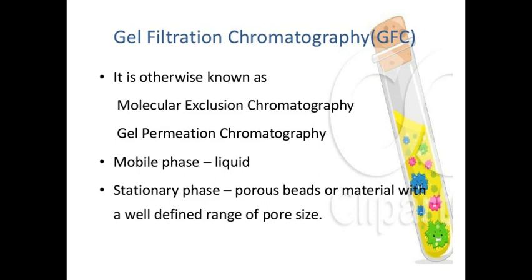That's why the chromatography is known as gel permeation chromatography. In gel filtration chromatography, the mobile phase we use is liquid, and the stationary phase is mostly spherical gel beads.